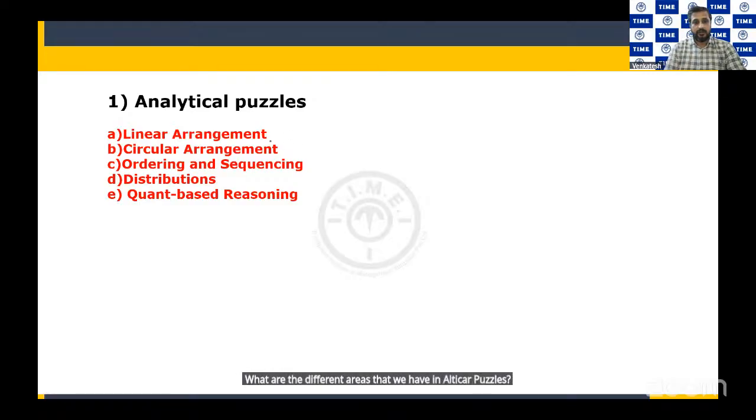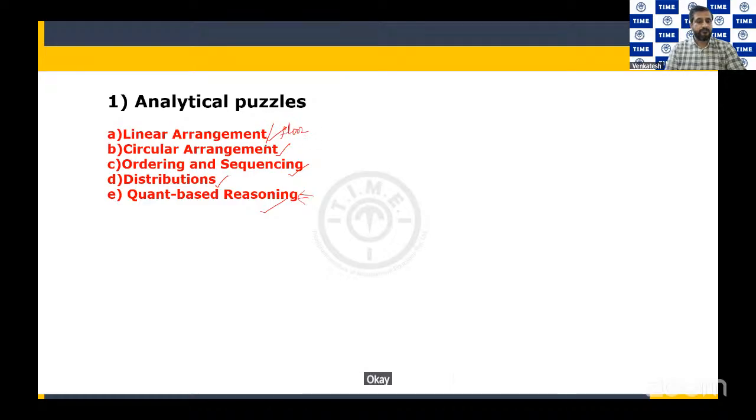We have linear arrangement, circular arrangement, ordering and sequencing, distribution questions, and quant-based reasoning questions, where some values will be involved. Okay, that kind of questions. Generally, they will ask you in the indoor exam. In the linear arrangement, they may also give you floor arrangement questions.